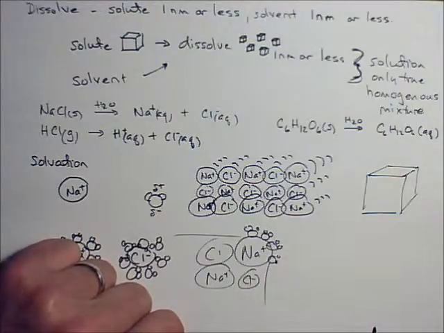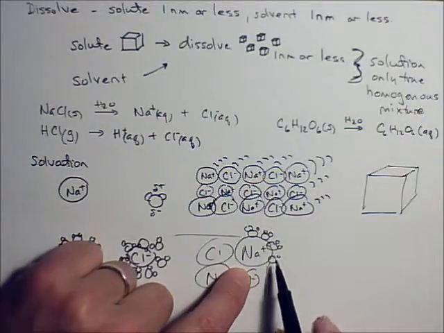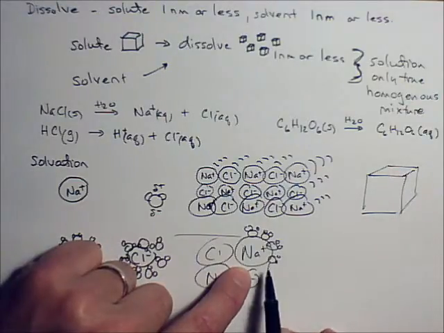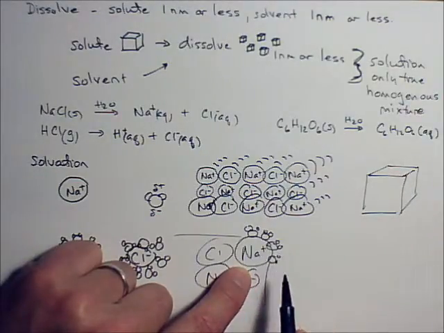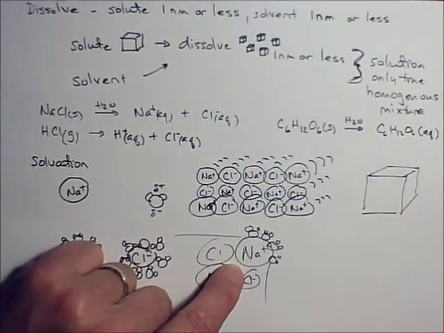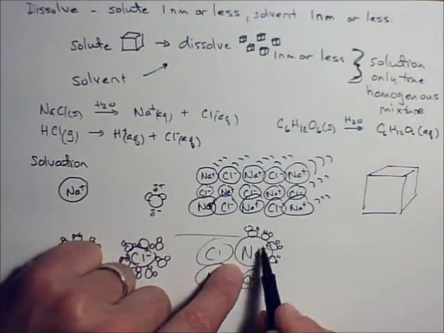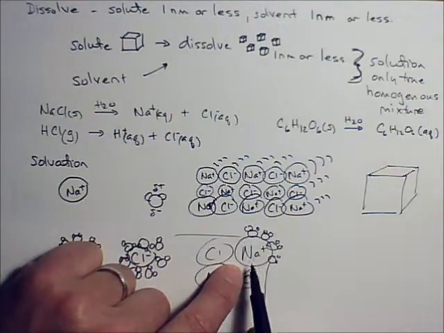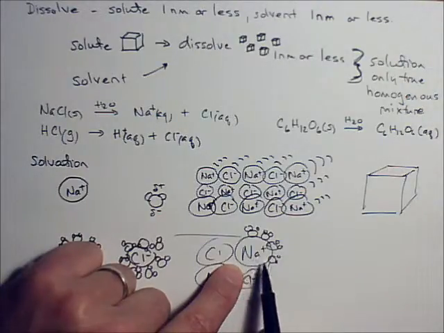So if you put that crystal, that block of salt in water, the water joins up with it in this way, and this wiggling and twisting occurs, and when the right conditions take place, the partially negative end of this water molecule supplies all the negative charge the sodium needs.